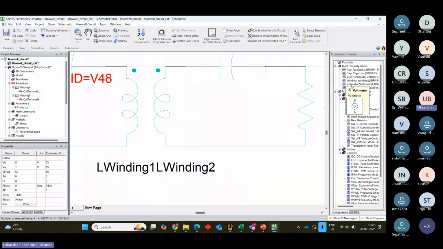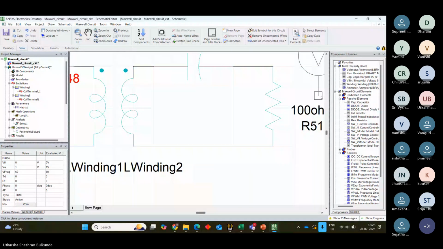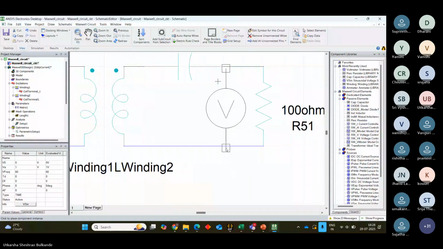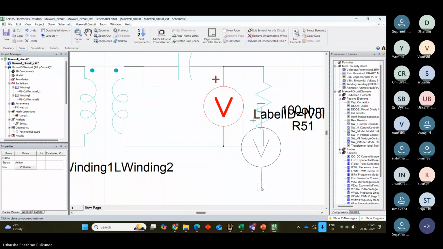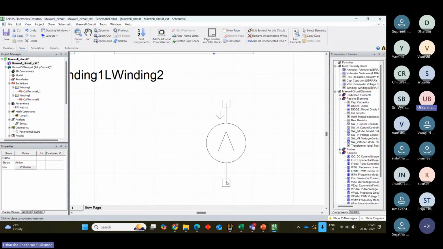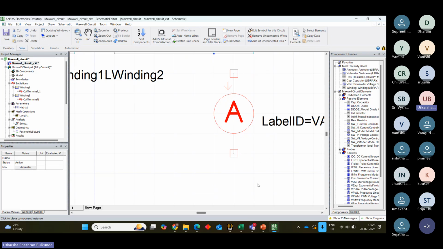So we need a voltmeter and we need an ammeter, right? So how to connect voltmeter and ammeter, you know?